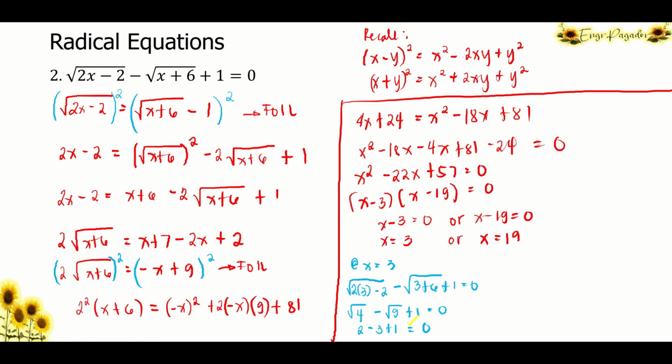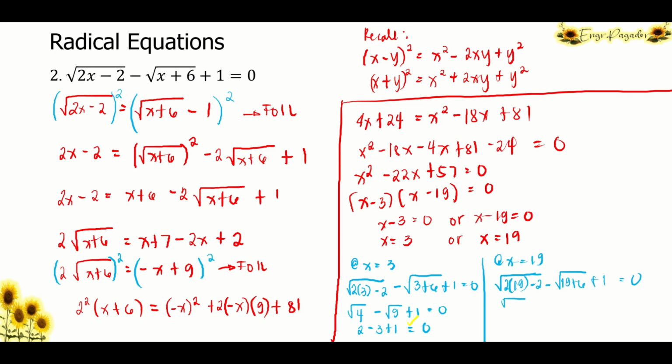Let's try the other root. That is equal to 19. So, at x equal to 19, we will have 2 times 19 minus 2 minus the square root of 19 plus 6 and then plus 1 should be equal to 0. So 2 times 19, that is equal to 38 minus 2.